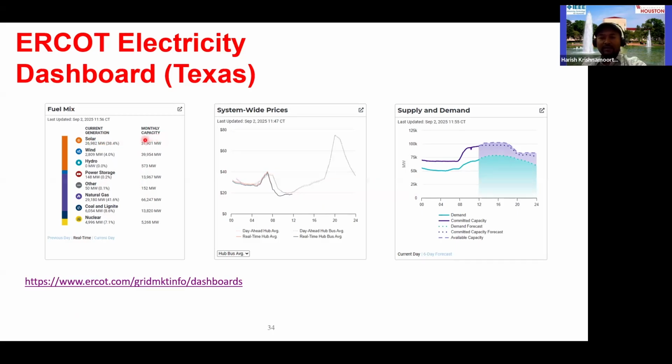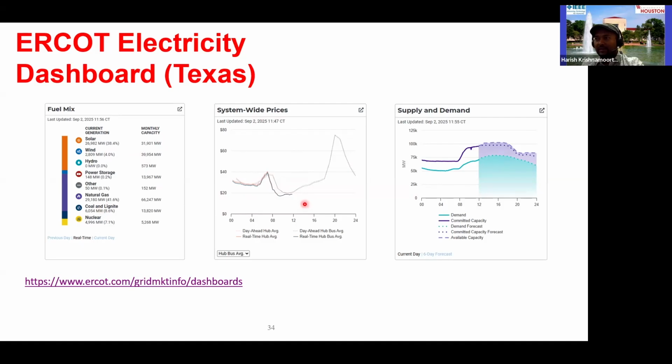So Texas is now number one in utility scale solar in the US. And Texas has been number one in terms of the wind, but this number, 39 gigawatts, hasn't been increasing, I think, in the last 2 years because of different policies and choice. And you have energy storage, with installed capacity close to about 14 gigawatts. So that is one thing to remember.